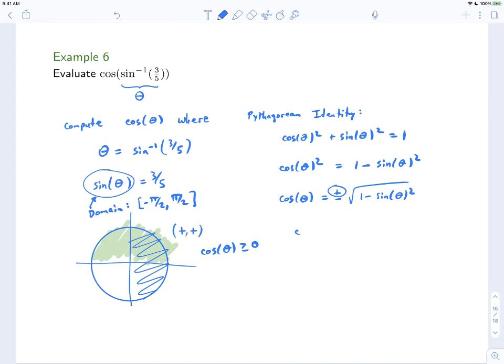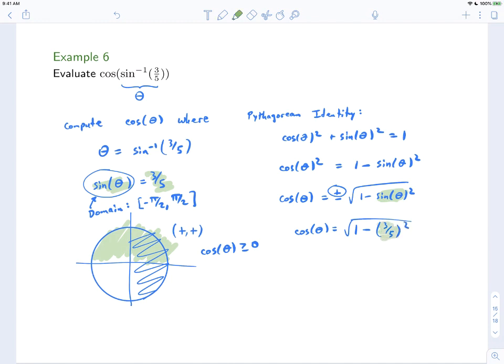Therefore, we can say that cosine of theta is equal to the positive square root of 1 minus sine of theta squared. However, we know what sine of theta is. Sine of theta is 3/5. So this is 3/5 squared.